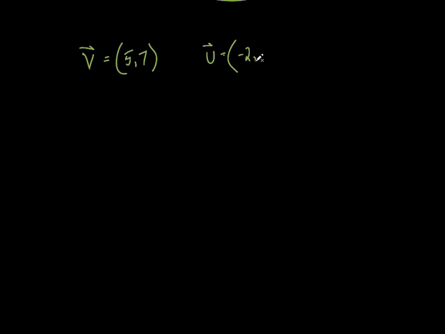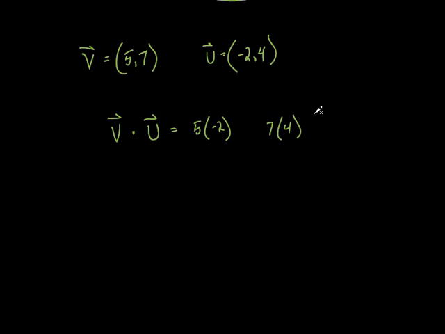It's negative 2, 4. Okay? So here's our two vectors, and I want to multiply them together. I want to find vector v dot, or times, vector u. So how do I multiply them together? Well, I just multiply the x's together. So that'd be 5 times negative 2. Then I multiply the y's together. That'd be 7 times 4.